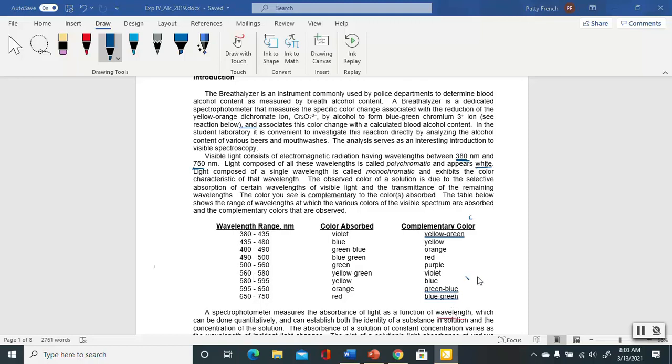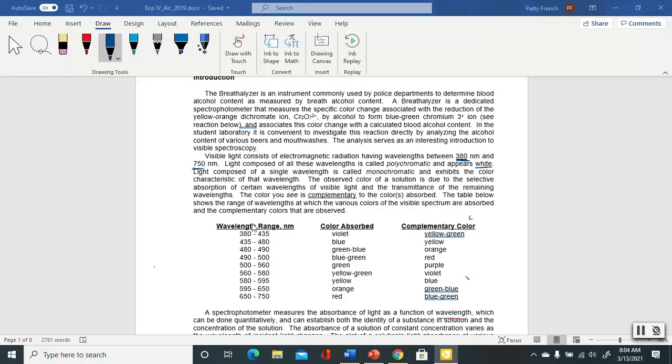So the first thing we're going to be doing is looking for that one wavelength, that monochromatic light that allows us to have the maximum absorbance for chromium 3+ and the minimum absorbance of the dichromate, of the yellow-orange. Trying to separate those out, which our eyes can't do, but a spectrophotometer can. A spectrophotometer can observe a single wavelength, and that's what we're going to be doing.